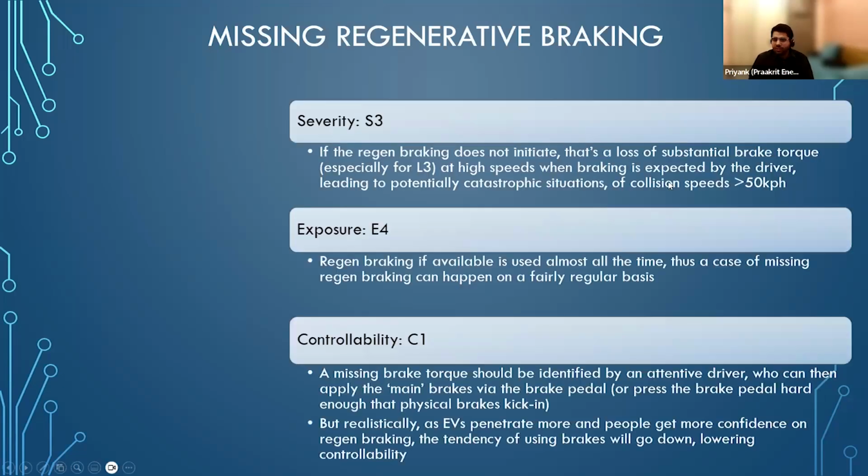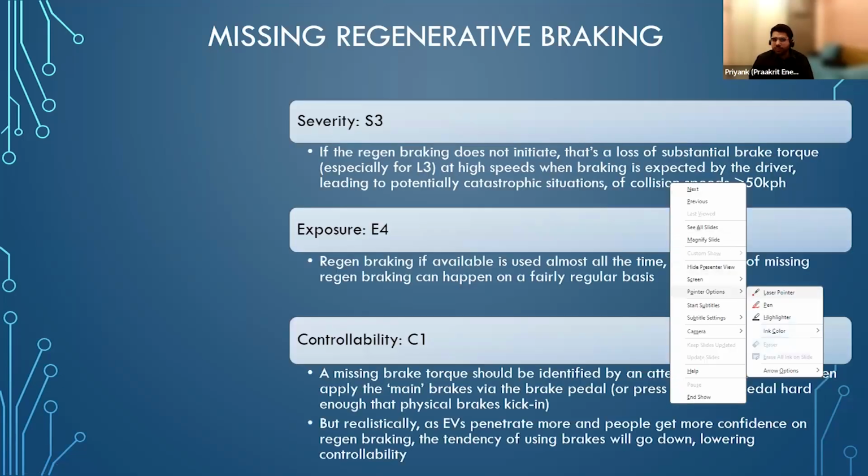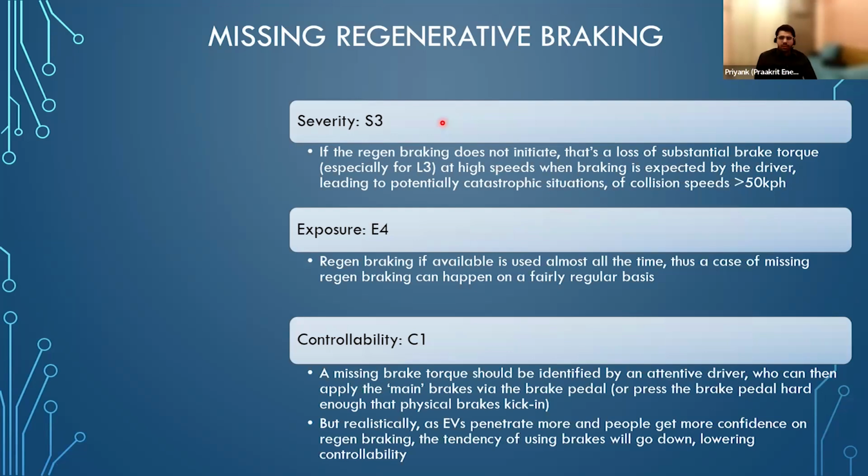All right, so the way I see it, I see S3 because the fact that regen braking is not there is loss of brake torque. And if it does not initiate, we are missing almost 6 meters per second square of brake torque, with the assumption that this regen braking can kick in to those levels.